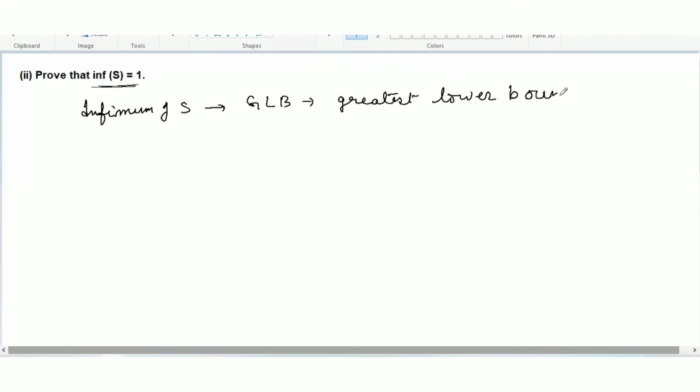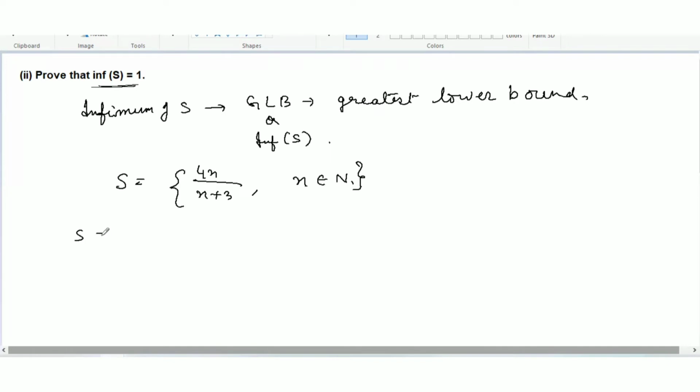That is another name for the infimum of S. Let's write down the function first: 4n over n plus 3, where n belongs to the natural numbers.